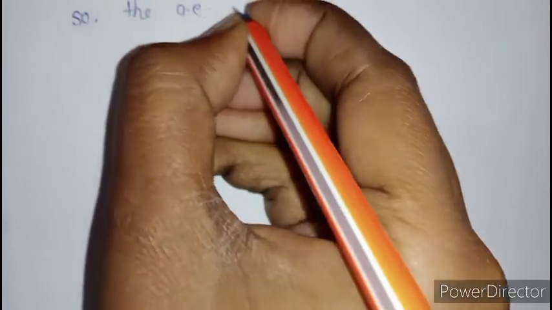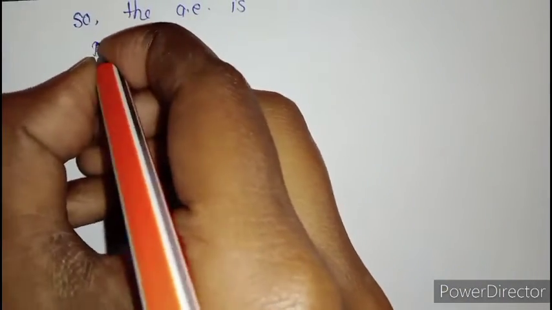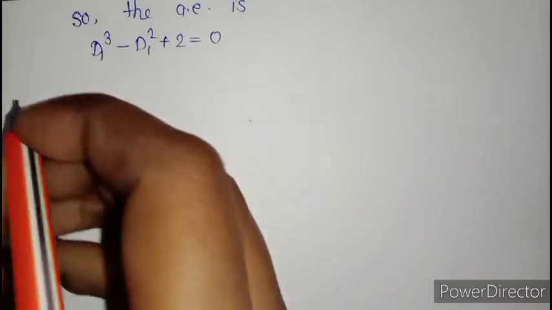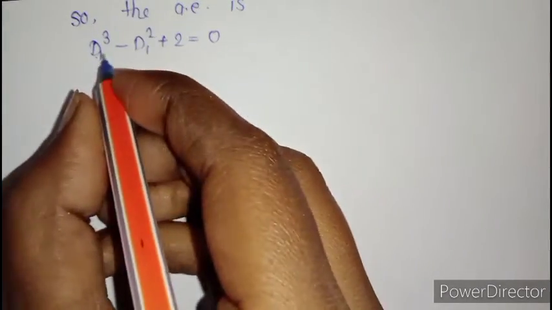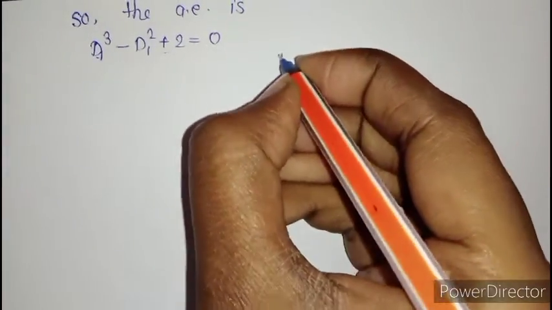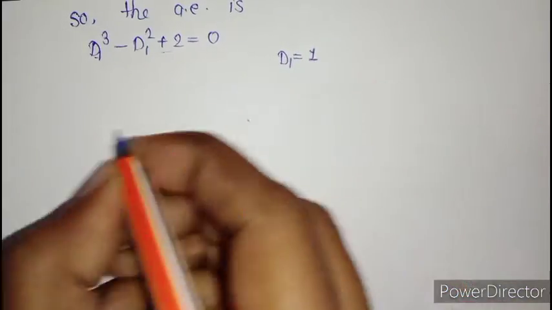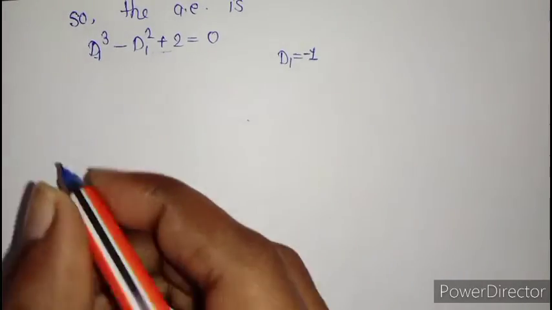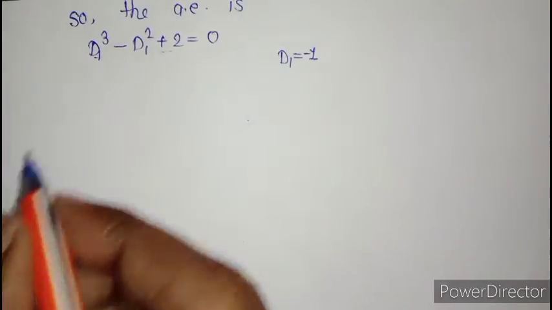So the auxiliary equation is D1 cube minus D1 square plus 2 is equal to 0. Now you can see if we put D1 is equal to minus 1 here, then this satisfies this equation.